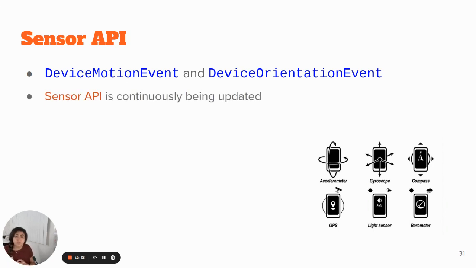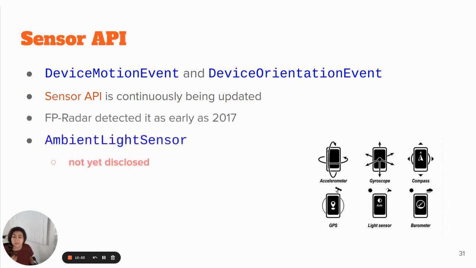The Sensor API is a relatively new API, and it is continuously being updated, and it is supported by Chrome, but not Firefox and Safari. FPRadar detects the use of a number of new features of the Sensor API, for example, ambient light sensor, which returns the current level of the light around the hosting device, and it is not part of the old interface.